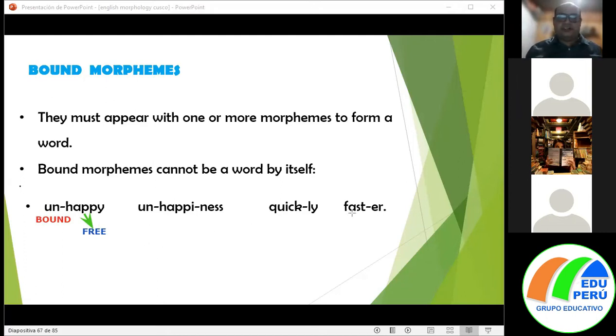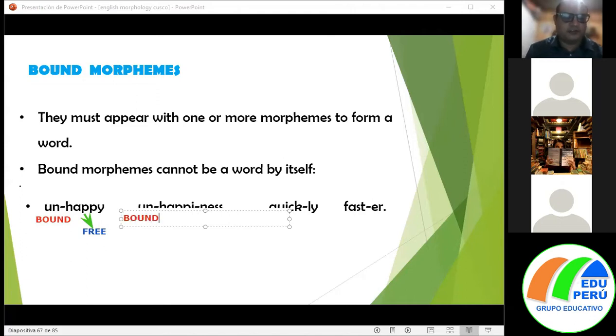Notice the other one, unhappiness. Unhappiness is composed of three morphemes. One free, that is happy, and two bound morphemes. So we have here two bound morphemes, un and ness.